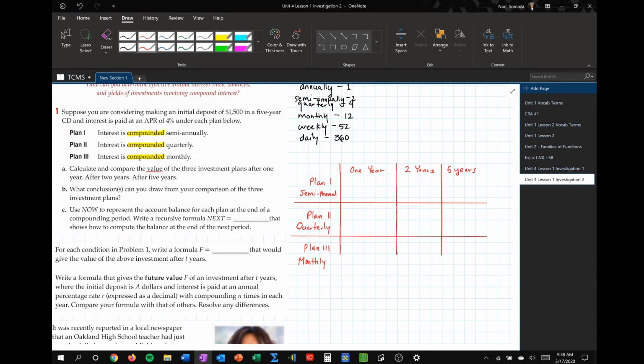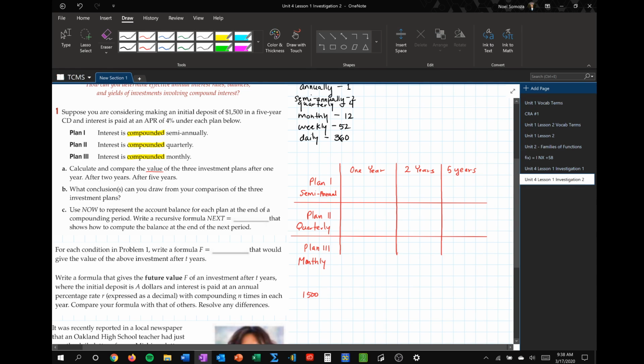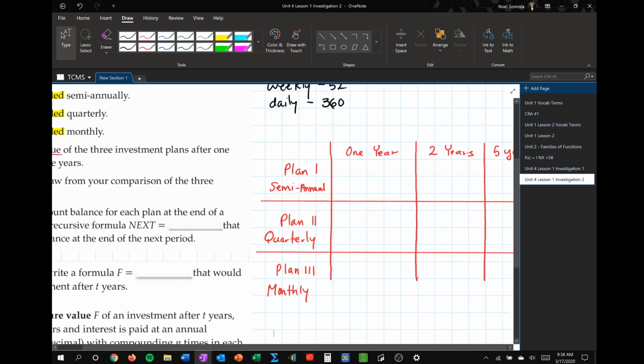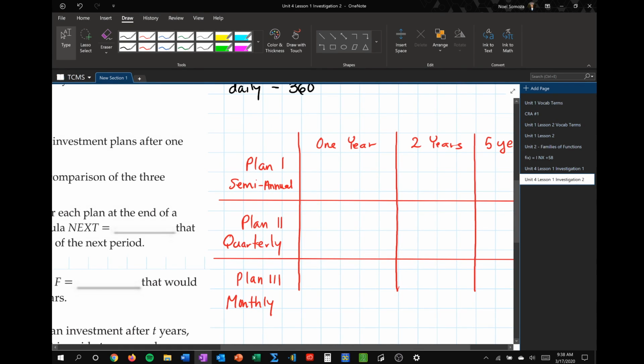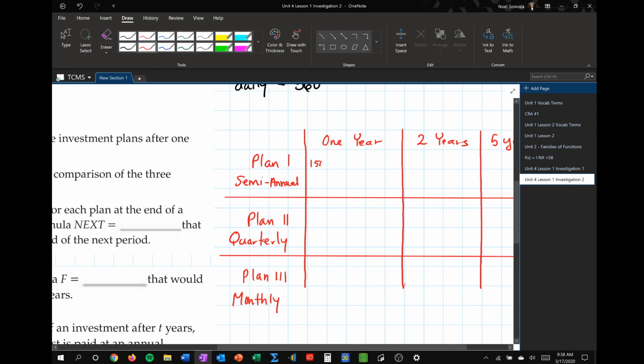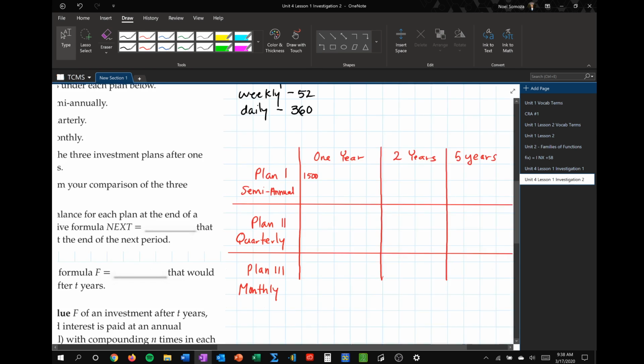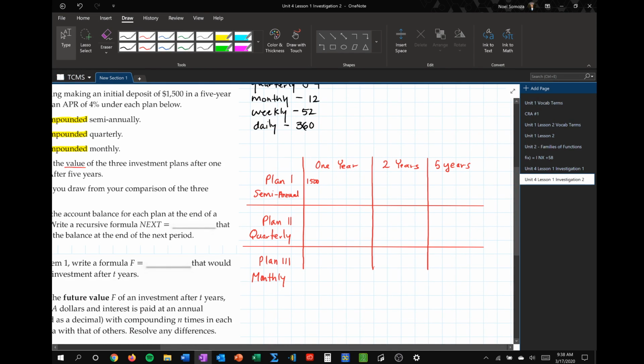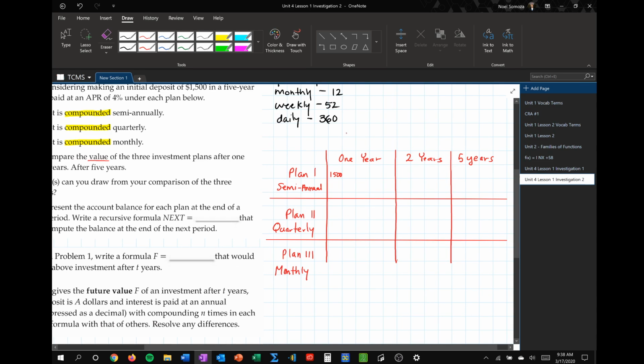You start with $1,500. Then we use a little bit of what we looked at in the CYU. It's an APR, annual percentage rate, and the annual percentage rate was 4%. That's for the whole year.